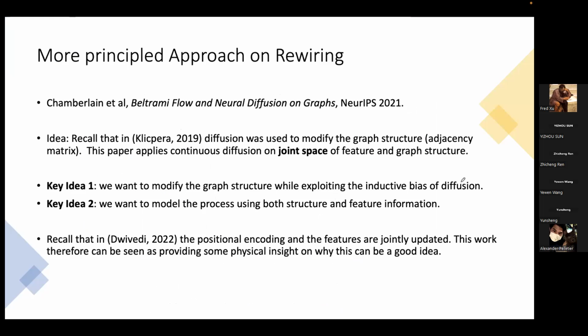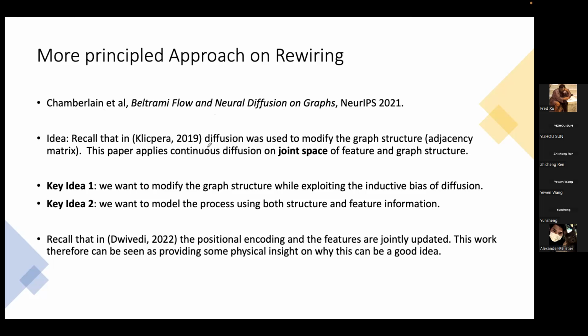And as I mentioned earlier, there you see the heat kernel, and then you can think about, if we have that perspective on graphs, can we use PDEs on graphs? So this paper is the one that I will introduce later on, the Beltrami flow and neural diffusion.